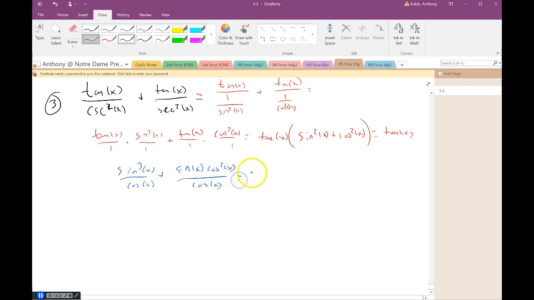And now you have a common denominator, but even better, you have a greatest common factor here, right? You have a sine in each of them, and you have a cosine in each of them. You could. It's not wrong to do that. If you take the sine out and then add them together, you have sine squared plus cosine squared over cosine, which is just sine over cosine, which is just tan, right?